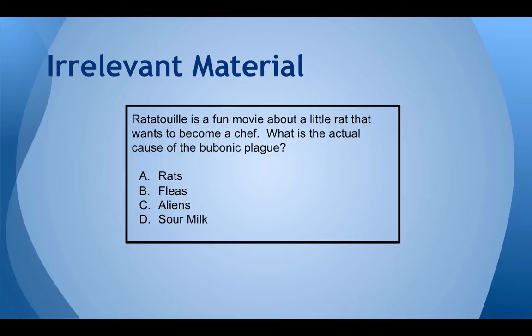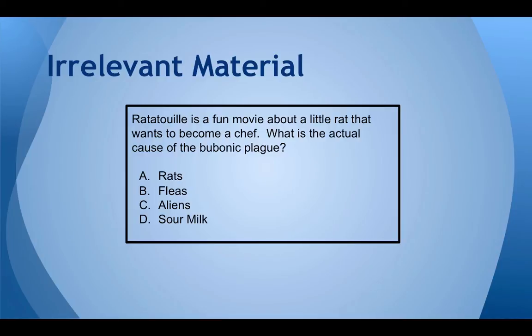This is an example of a question which has a lot of irrelevant material, and we should keep in mind that the question stem here in this case has irrelevant material. It gives an introduction and it tells information that is not required to answer the question.